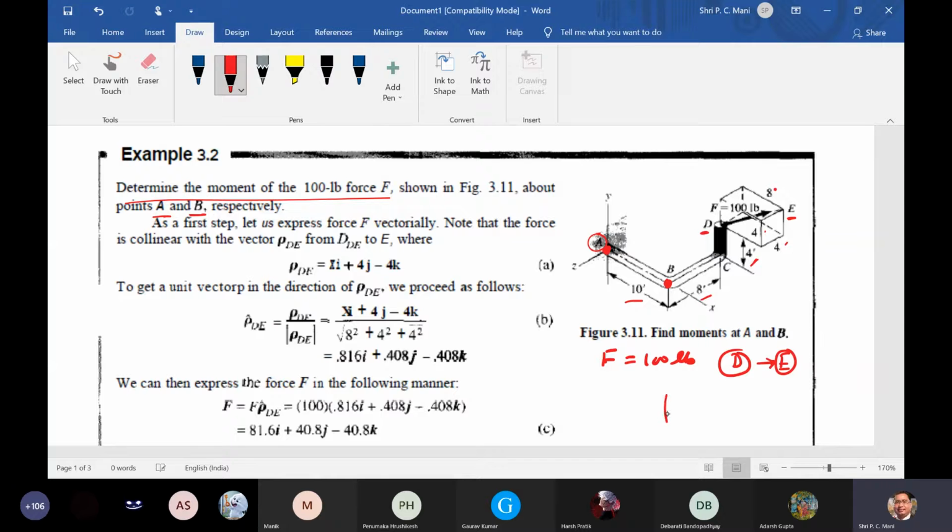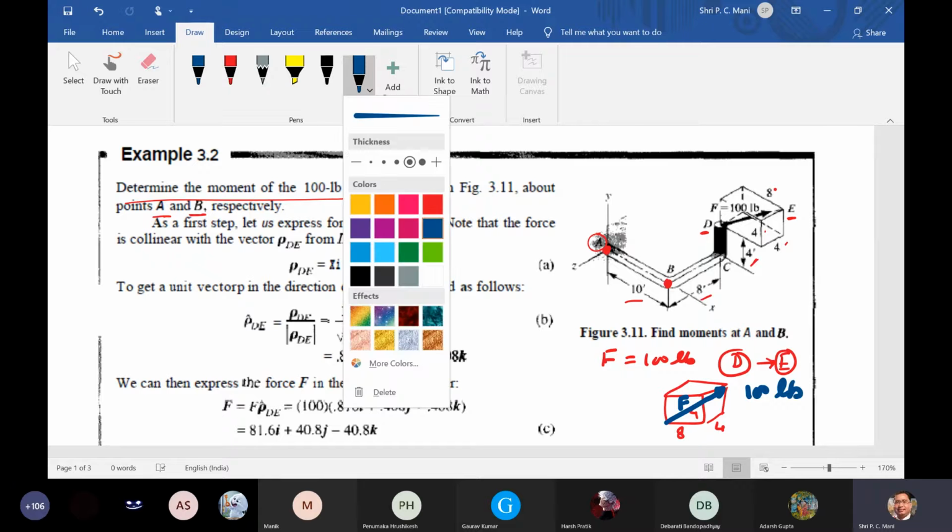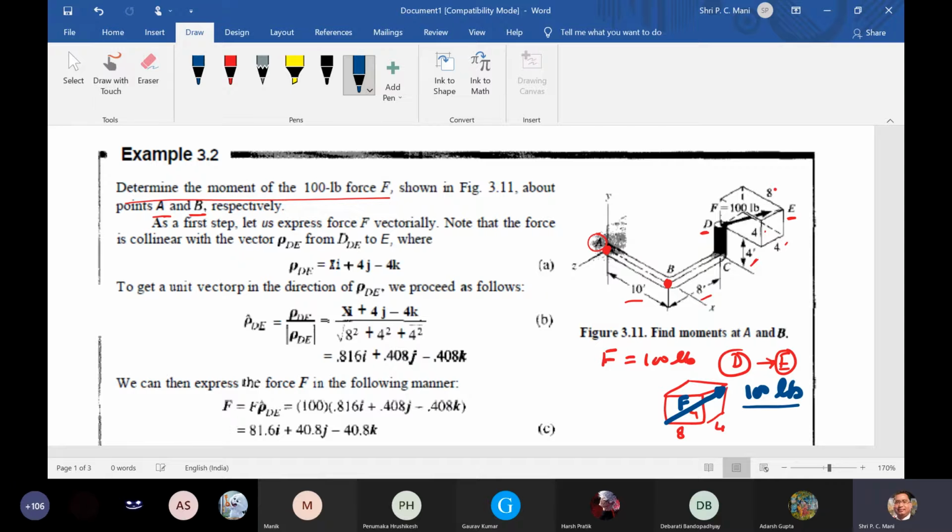So your box is like this. This is 8, this is 4 and this is 4, and you are going to join this point and this point. This is the force vector F, which is 100 lb. Now, in which direction?